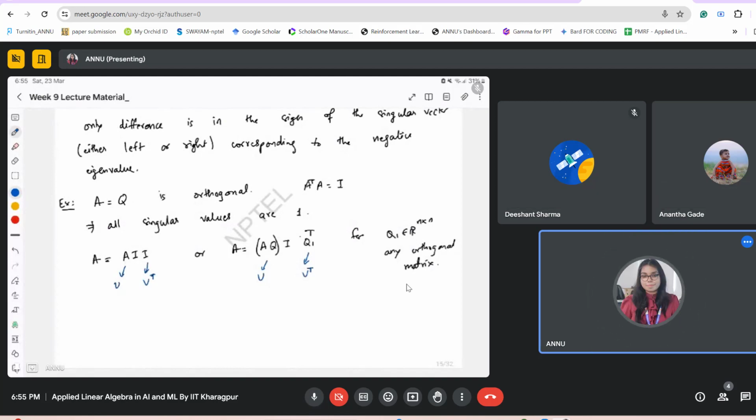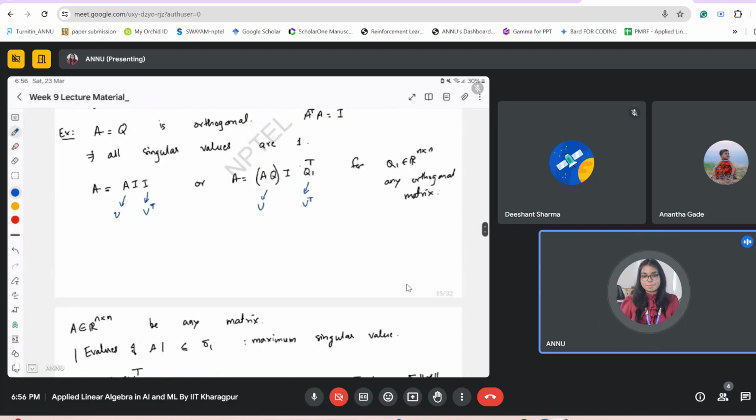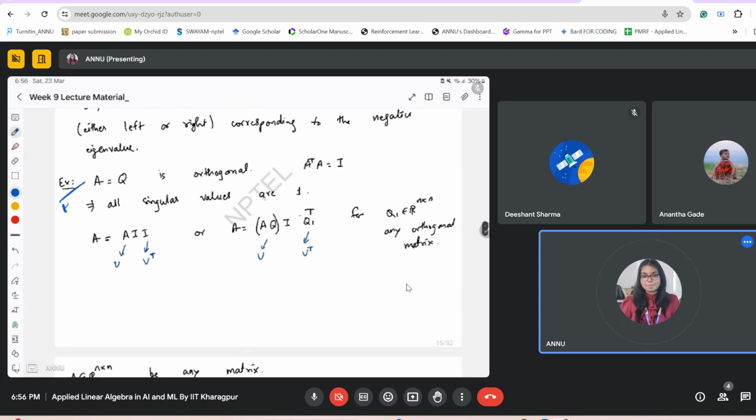So if we consider only positive values, then U and V, this is also very important. In the case of an orthogonal matrix, what U is and what V is, you just take care of as homework. We'll go to the questions in the next half. Okay, I'm just trying to cover all the things.